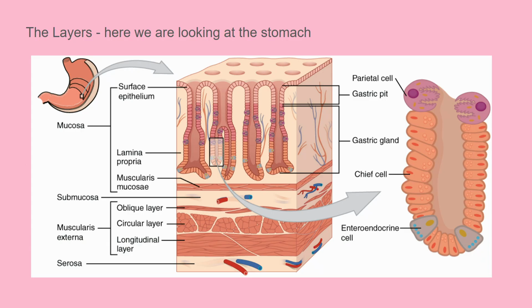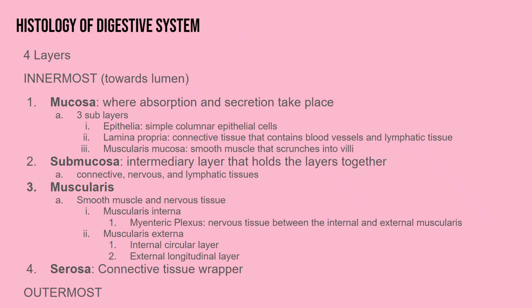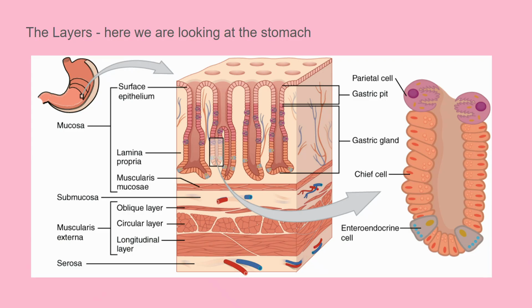And here's a visual. In this case, we're looking at the stomach, because the layers will vary based off of where you are in the digestive system. So you can see the mucosa with the epithelia on the outside, and you get into the muscularis, submucosa, and serosa.